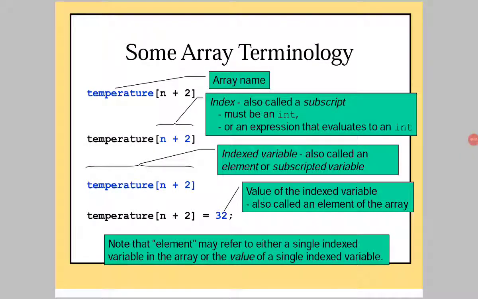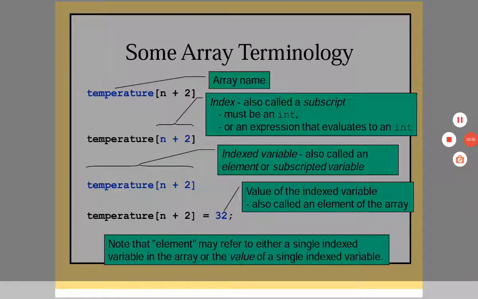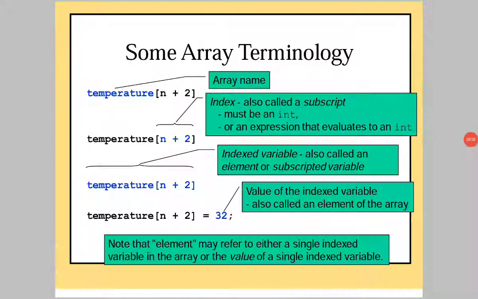So every array has an array name, maximum size of the array, array boundaries, lower boundary and upper boundary, and some variable called index or index value.